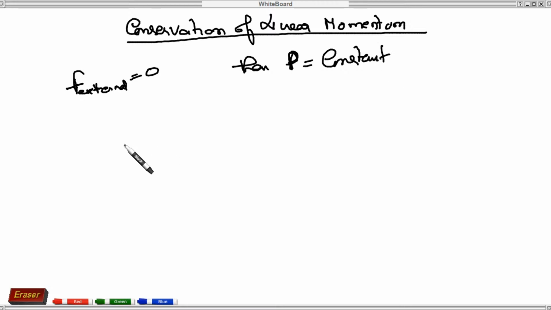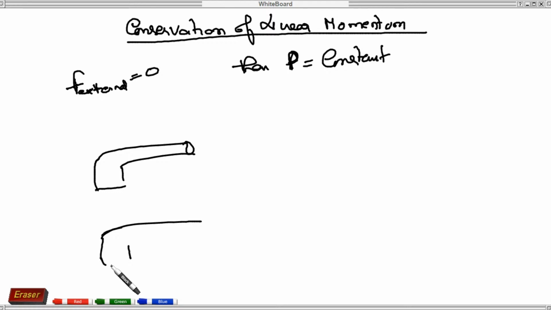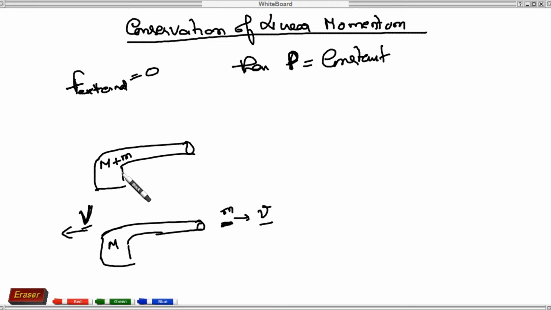On that day I told you one example also, a gun recoil. There was a gun at the initial stage, and the final stage of this gun is when the bullet is fired with velocity v and mass m, and the gun of mass M will recoil with velocity capital V. It's a small v, it's a capital V. So initially the mass was M plus m, because this bullet was inside this gun.